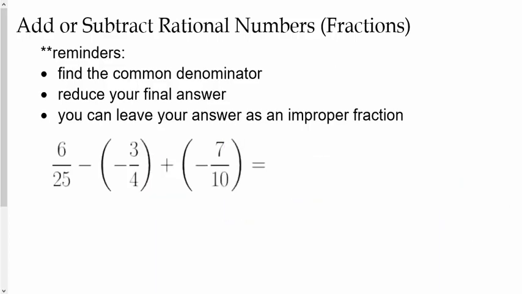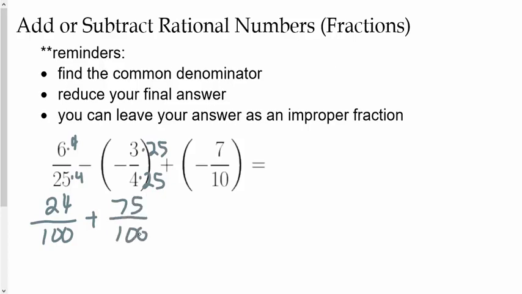All right, here's a longer example, but the same thing. You want to write a common denominator. The common denominator is going to be 100. 25 times 4 is 100, so 6 times 4 is 24. Again, I see minus a negative, so I'm just going to rewrite that as plus. 4 times 25 is 100. 3 times 25 is 75.